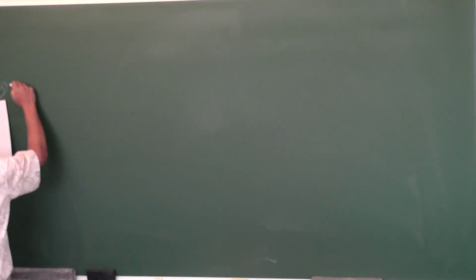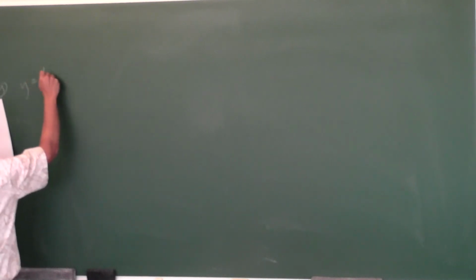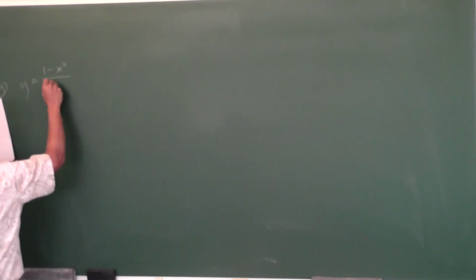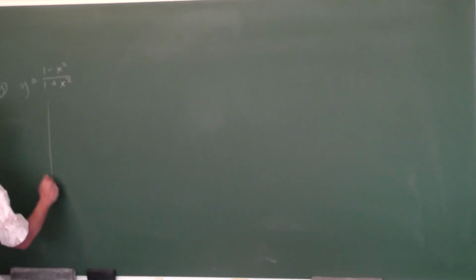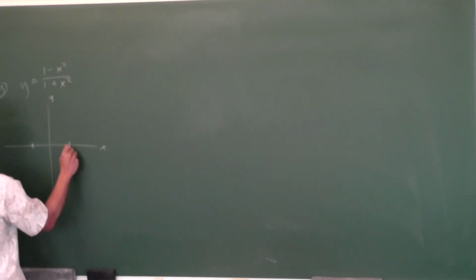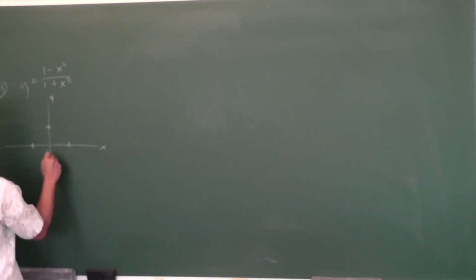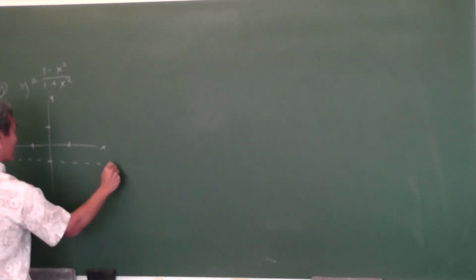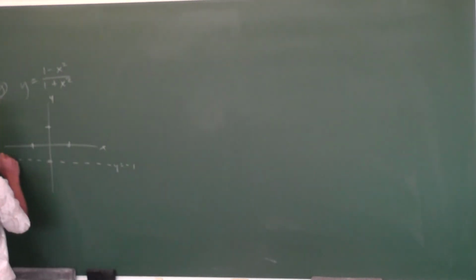Are you guys doing it in less than a minute? Like this, watch this. You go, x-intercepts plus or minus 1, y-intercept 1, vertical asymptote, no more, horizontal asymptote, y equal negative 1, and then you just go.